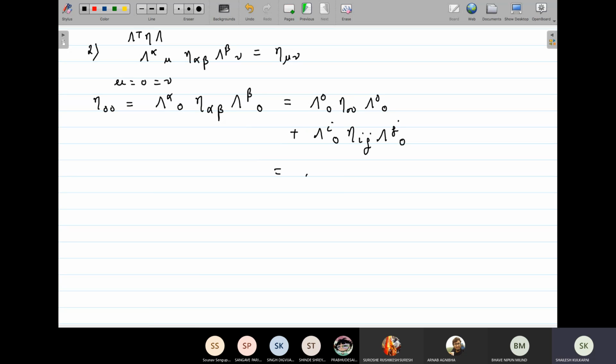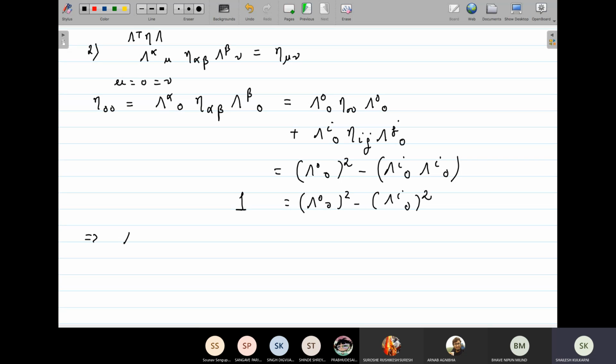What is eta 00? It is 1. So there will be lambda 00 squared. What is eta ij? It is minus delta ij. So it will be minus lambda i0 times lambda i0. So this is lambda 00 squared minus lambda i0 squared, and this is equal to eta 00, which is 1.